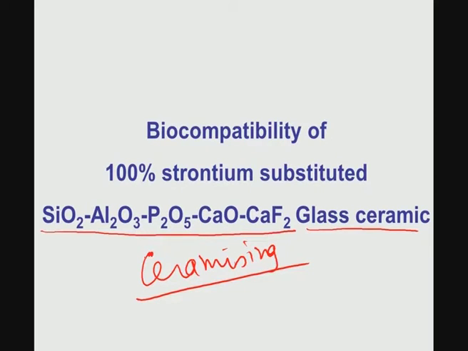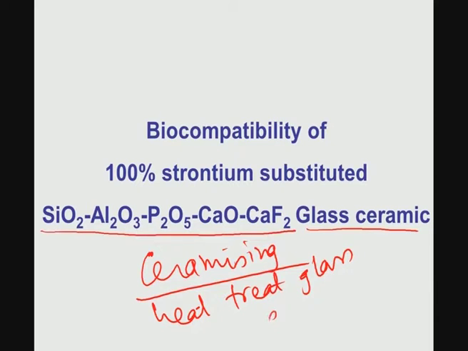Ceramizing treatment essentially means you heat treat the glass at a temperature much lower than Tm, the melting temperature of the glass, and this process involves the nucleation and growth of the crystalline phases within the glass matrix itself.